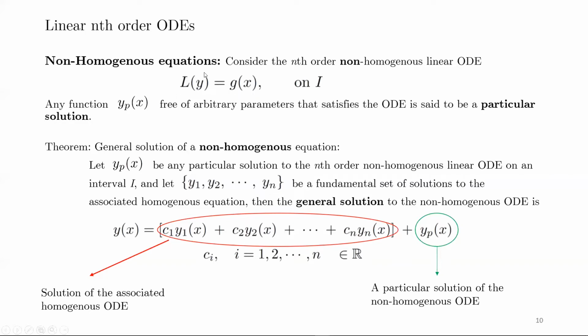We can solve that equation and find a solution to the homogeneous ODE. Then all we have to do to find the solution to the non-homogeneous ODE is add a particular solution. Okay, I haven't told you how we're going to do all this yet, but at least I hope the idea is clear, that we can form the general solution to the non-homogeneous equation in this way.